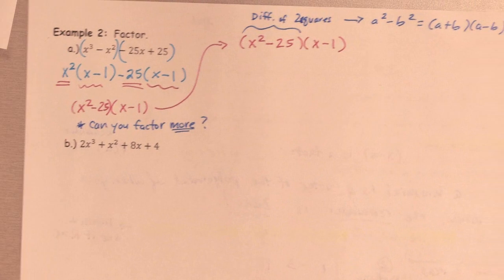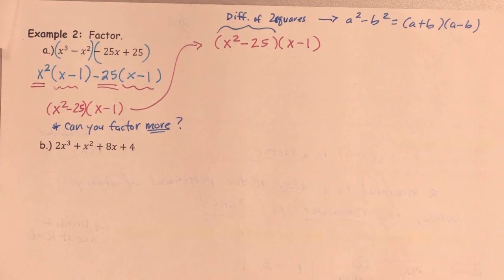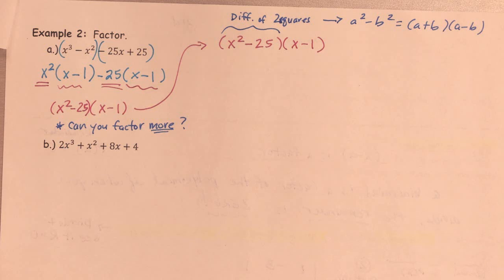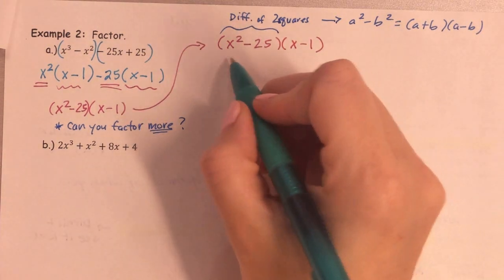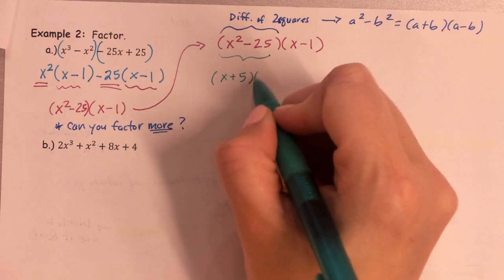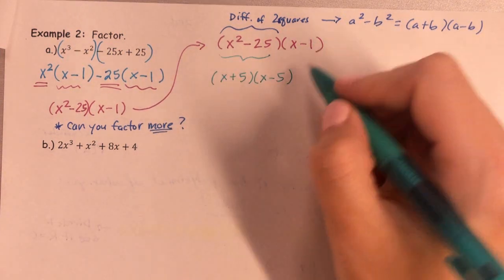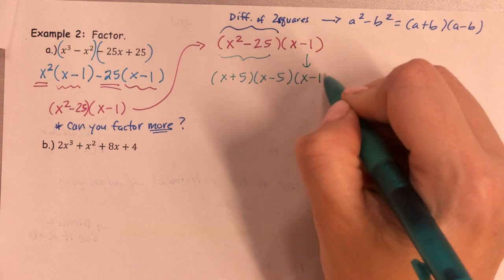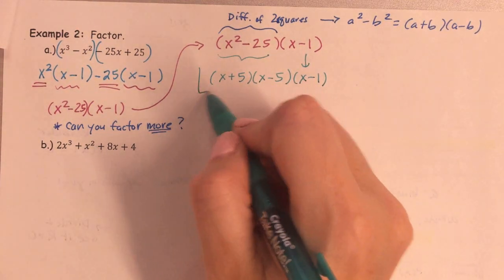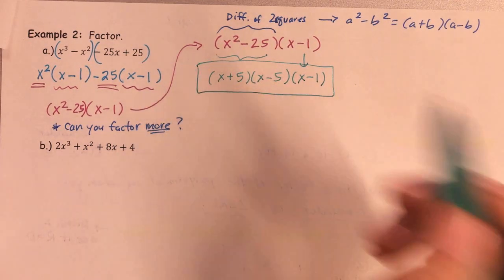Is that ringing any bells? It's when you have perfect squares, right? So if you were to break this down, this is going to be x plus 5 times x minus 5. And then the x minus 1 just drops down because that's still there. And this would be your final answer.